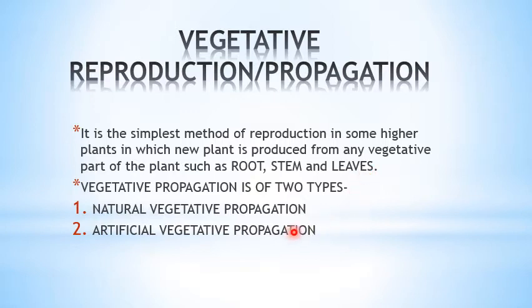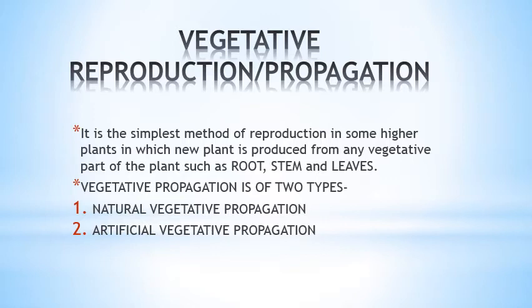Vegetative reproduction is of two types, that is natural vegetative reproduction and artificial vegetative reproduction. In our junior classes, we learned that there are some plants which are edible and they are not vegetables or fruits, they are roots, stems or leaves.